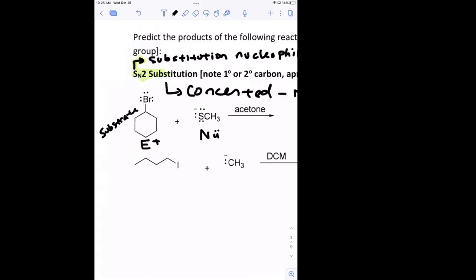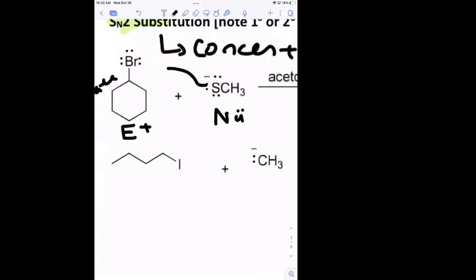Like, how do we talk? We talk with arrows, right? So to show the nucleophile attacking an electrophile, I need to show an arrow going where? From here? Not there. There, is that right? Not the Amazon arrow, but it's close enough. All right, and then what else?